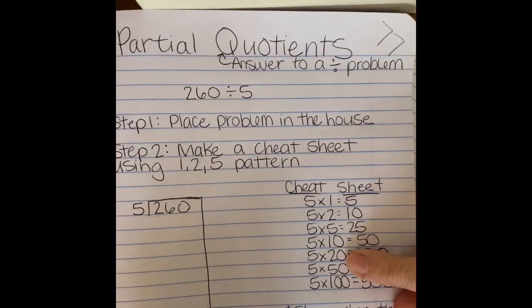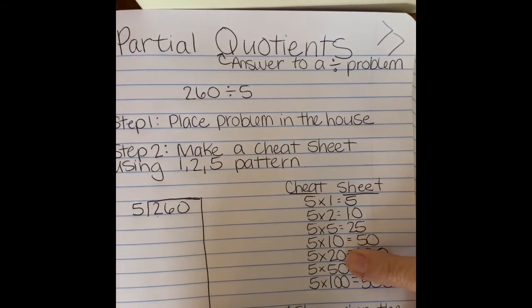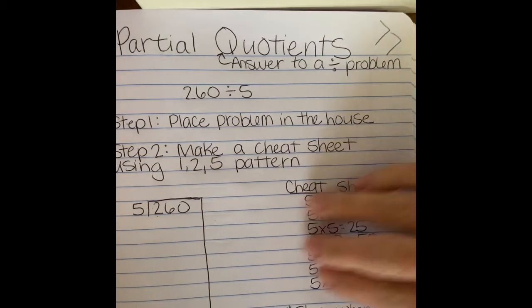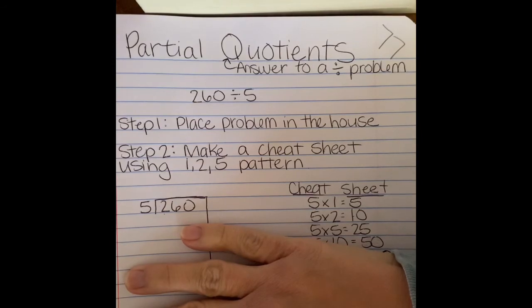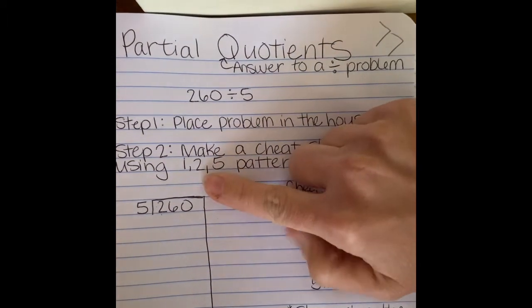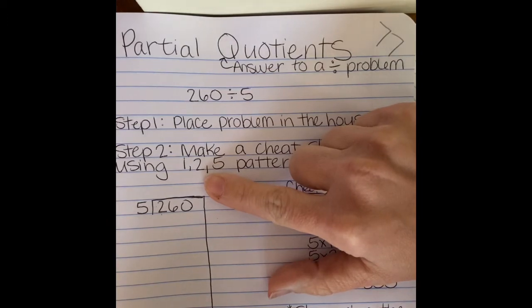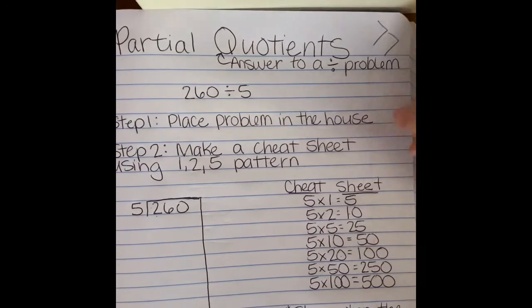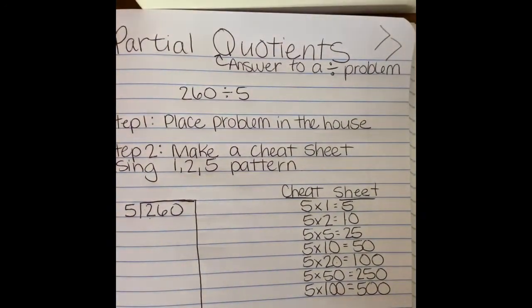Write partial quotients outside. Some people call this the flagpole. You can call it the house, whatever you would like. Okay, so now I'm going to show you what I mean by that.